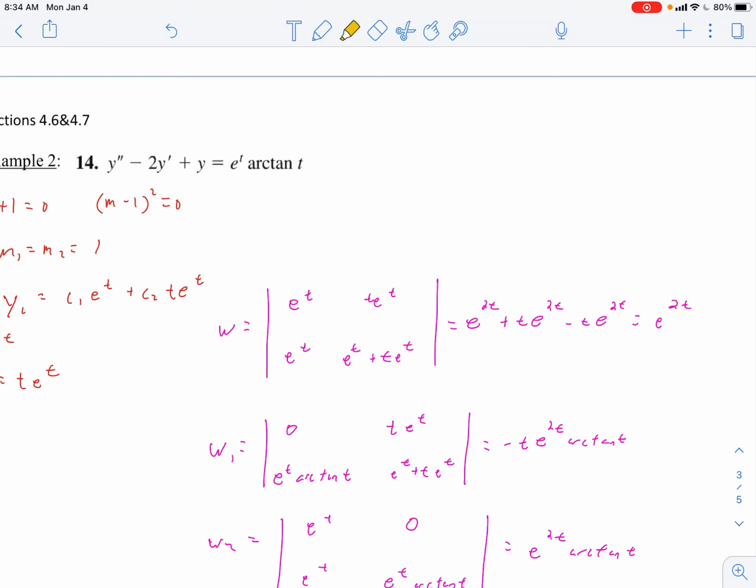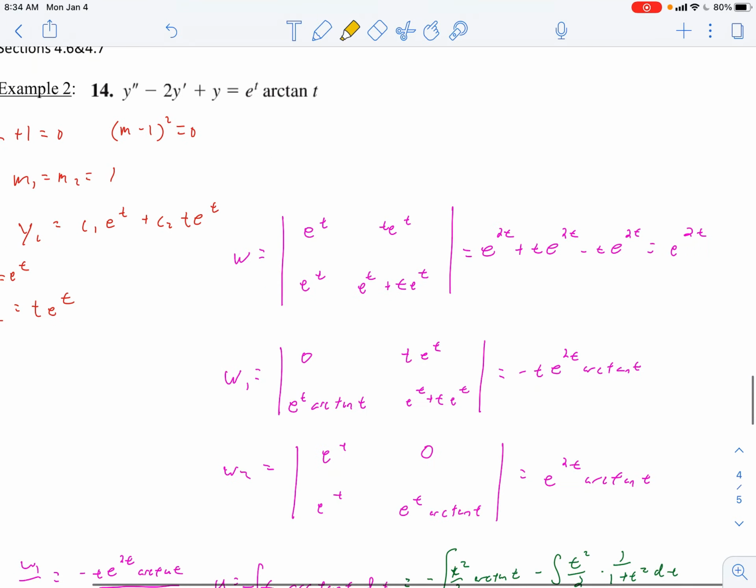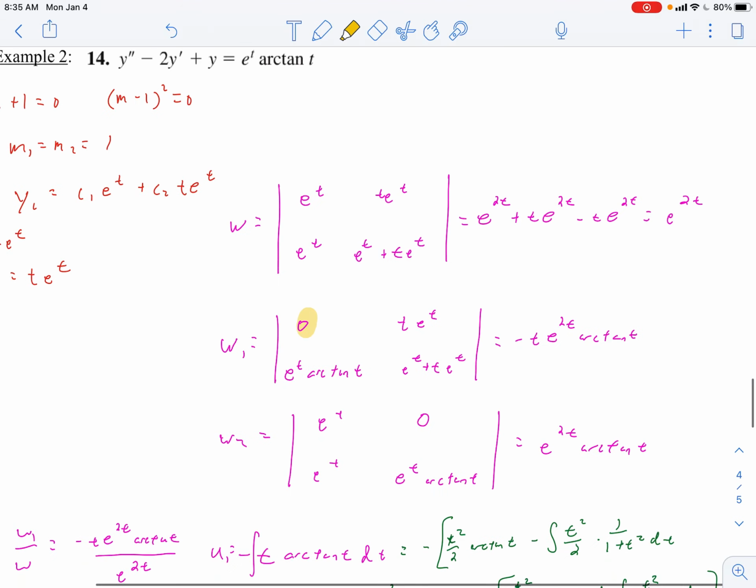Now, our Wronskian sub 1 is going to be 0, e to the t arctan t for that first column, and that second column is going to keep the Wronskian. So we're going to multiply. What's nice about our w sub 1, w sub 2 is we're always going to have a 0.